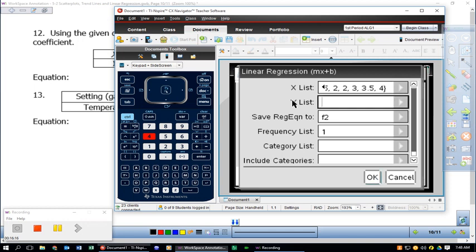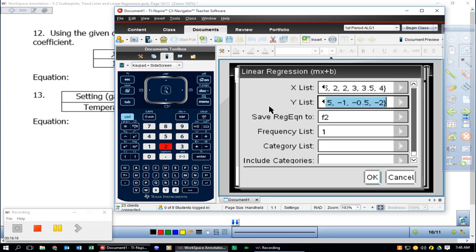In my y list, I'm going to type in 3, 1, 1, negative 0.5, negative 1, negative 0.5, and negative 2.